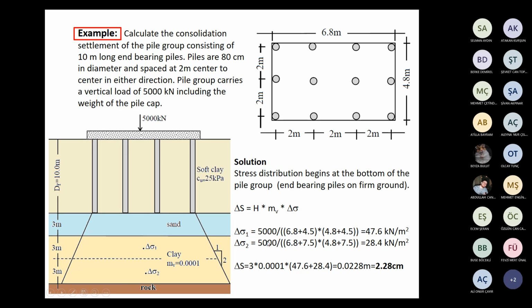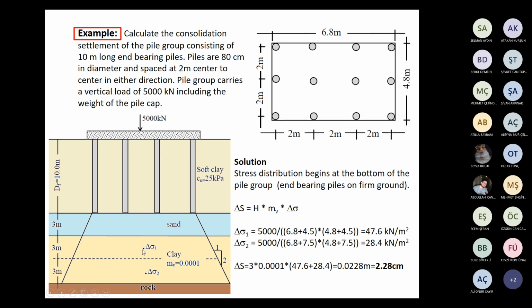Stress increases can be calculated as total load divided by enlarged area here. In other words, block dimension plus depth. What is block dimension? It's shown here, 6.8 and 4.8.